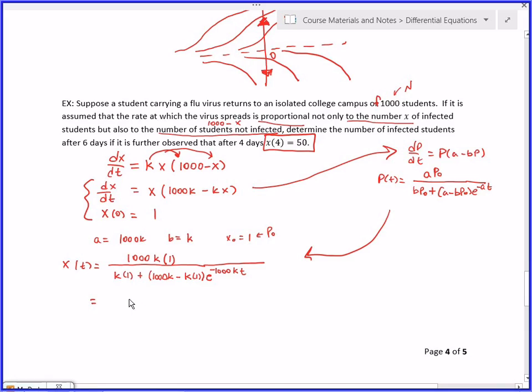Now let's just simplify that a little bit. I have 1,000k on top. I have k plus 999k e to the minus 1,000kt.